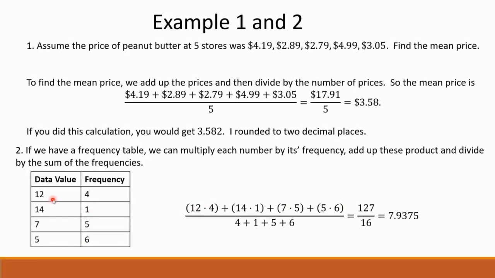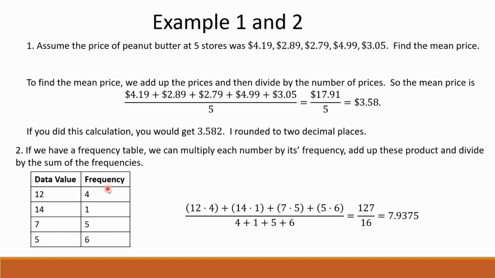So in other words, instead of having to list the data values one at a time, instead of having to list 12 4 times and 7 5 times and so on, we can just multiply the data value by its frequency. So we have 12 times 4 plus 14 times 1 plus 7 times 5 plus 5 times 6.